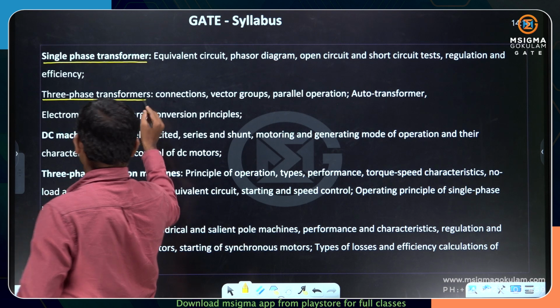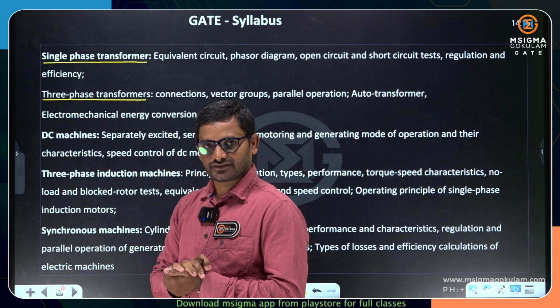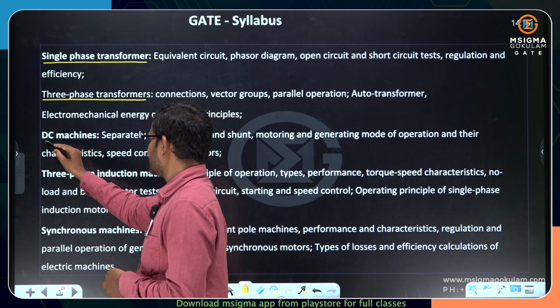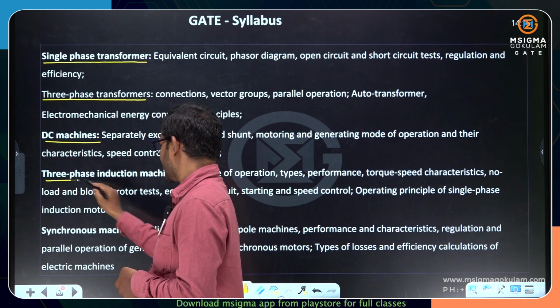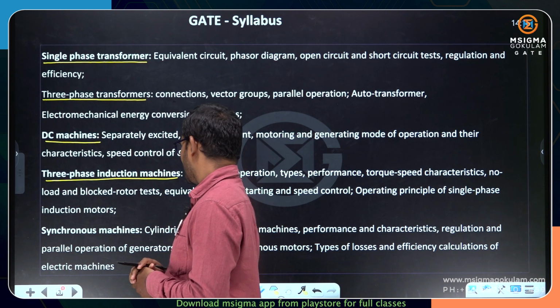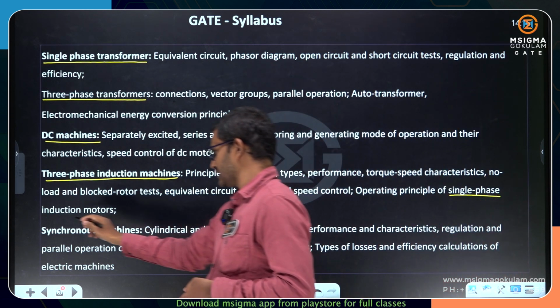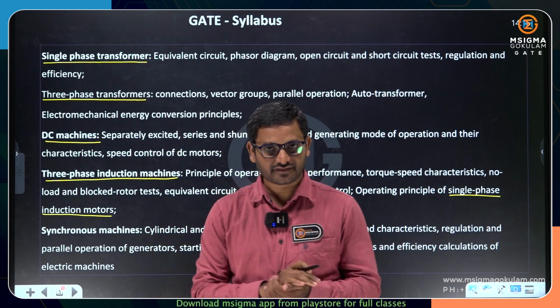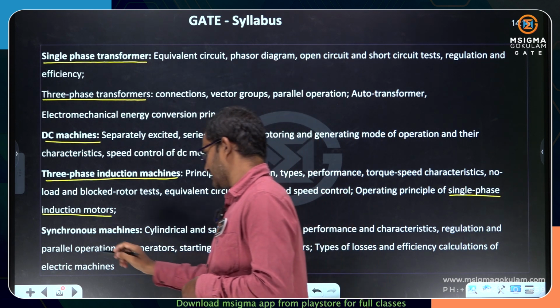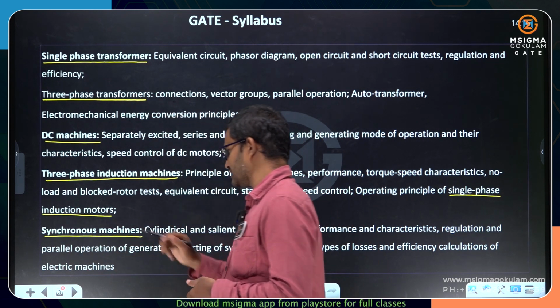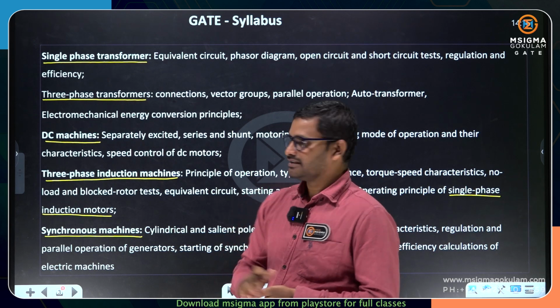Of course, he has given single phase transformers and three phase transformers, and then later DC machines, three phase induction machines. By the way, he has given single phase induction machines also in the three phase induction machine section. And the next one, synchronous machines. Okay, this is the GATE syllabus.